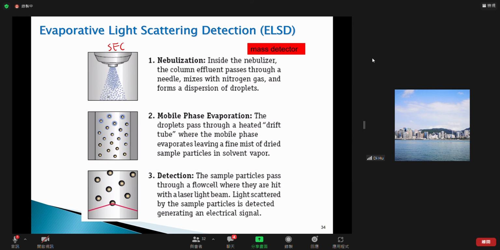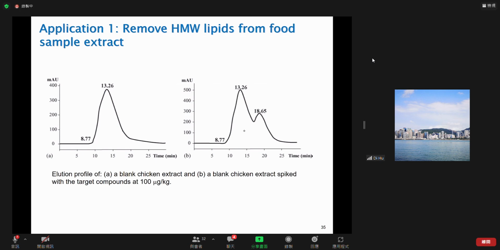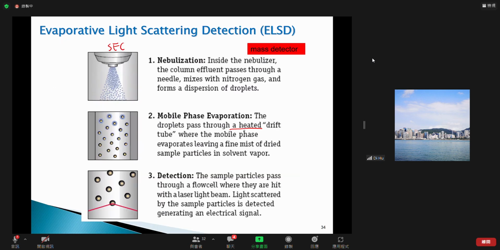The fine droplets then pass through a heated drift tube, heated because you want to evaporate the solvent. The mobile phase evaporates, leaving a very fine mist of dried sample particles in the solvent vapor. Now it becomes solid, dry particles.